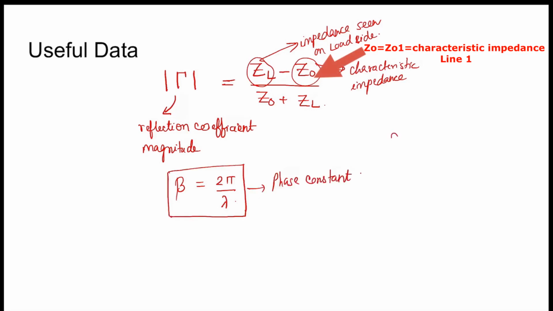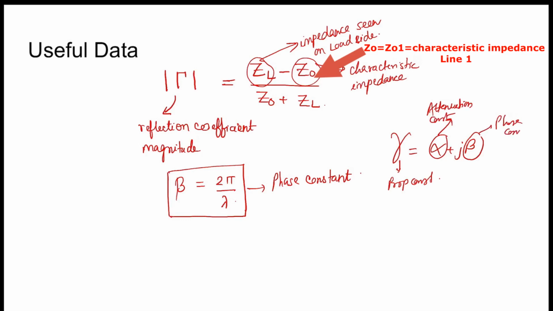Beta is the phase constant, and gamma is alpha plus j beta. So alpha is the attenuation constant, beta is the phase constant, and beta is 2 pi by lambda, where lambda is the wavelength.